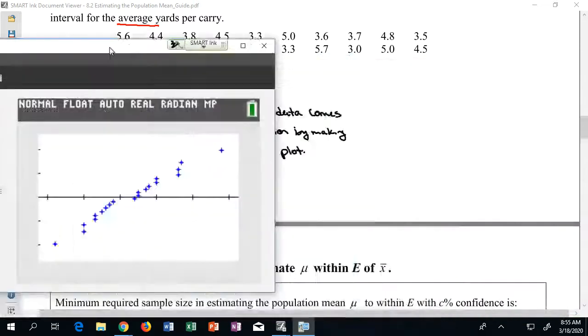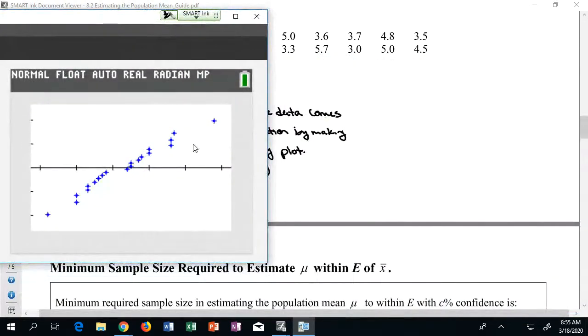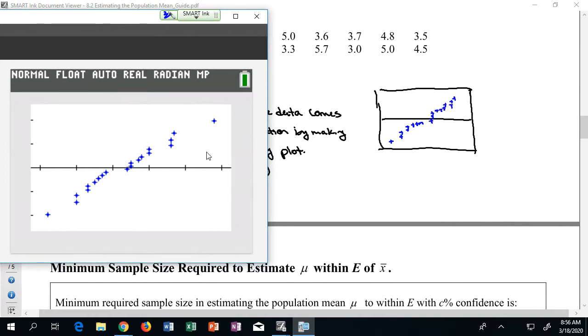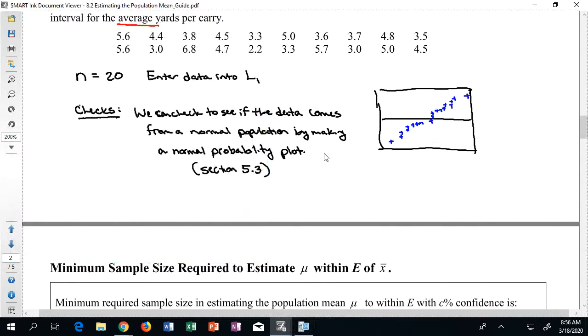Now I'm going to draw this picture really quickly on the page, just as a confirmation that I actually did this portion of the question. I don't want to provide a perfect sketch, but maybe just a rough sketch, right? It goes like this, then it goes up, then over, and then there was one over there. This is like a rough picture of what I got. And the question is, does this look roughly linear?